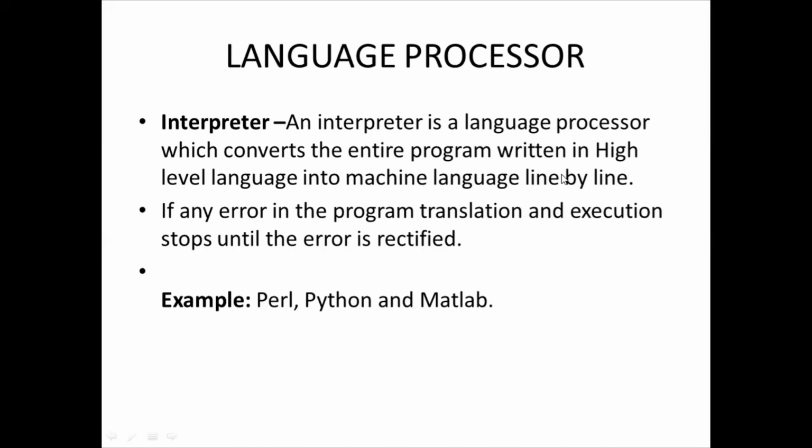The program translation and the execution will stop until the error is rectified. For example, if 10 lines of program are there and an error is in the second line, further translation and execution will not be done. The user has to rectify that error and try to convert it again, then only it will proceed further. Examples are Perl, Python and MATLAB.